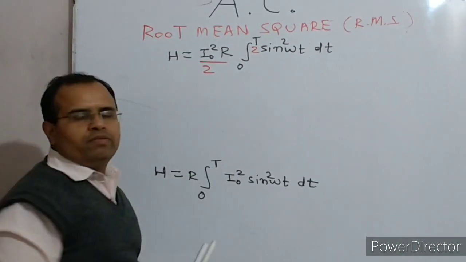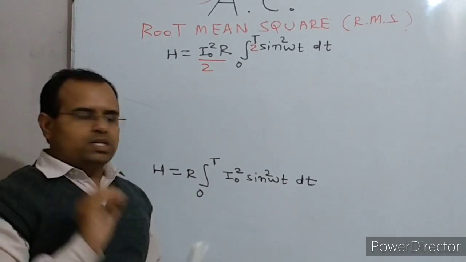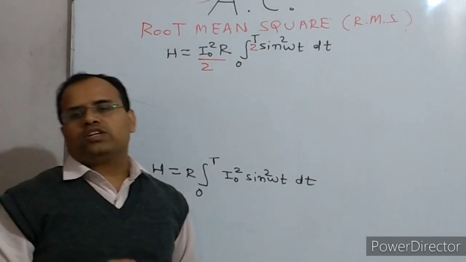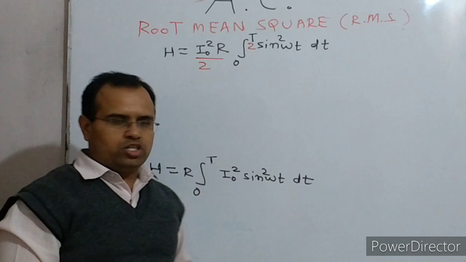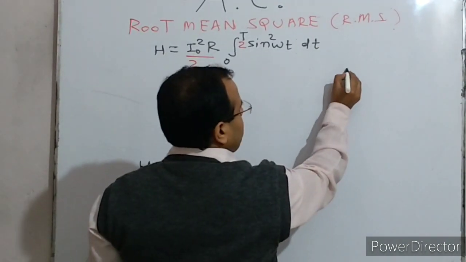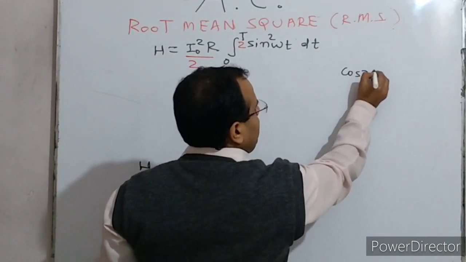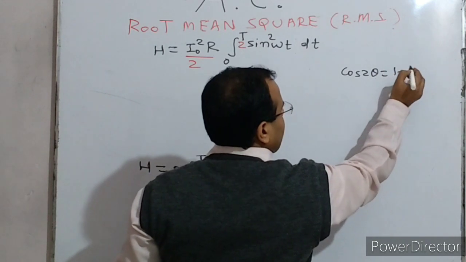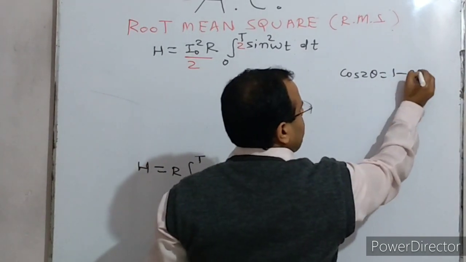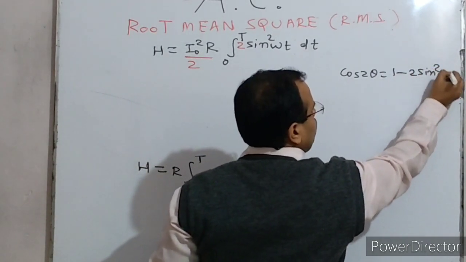When we do this, actually what we do is we can convert this function into a linear function. You know this, that cos 2 theta is equal to 1 minus 2 sine square theta.